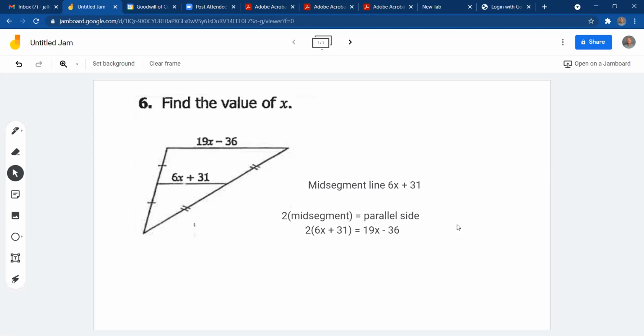Now, if it's hard to understand how this relationship is true, let's try something here. It's kind of hard to draw a straight line. What if this was a parallelogram instead of a triangle? Do those sides look the same now?